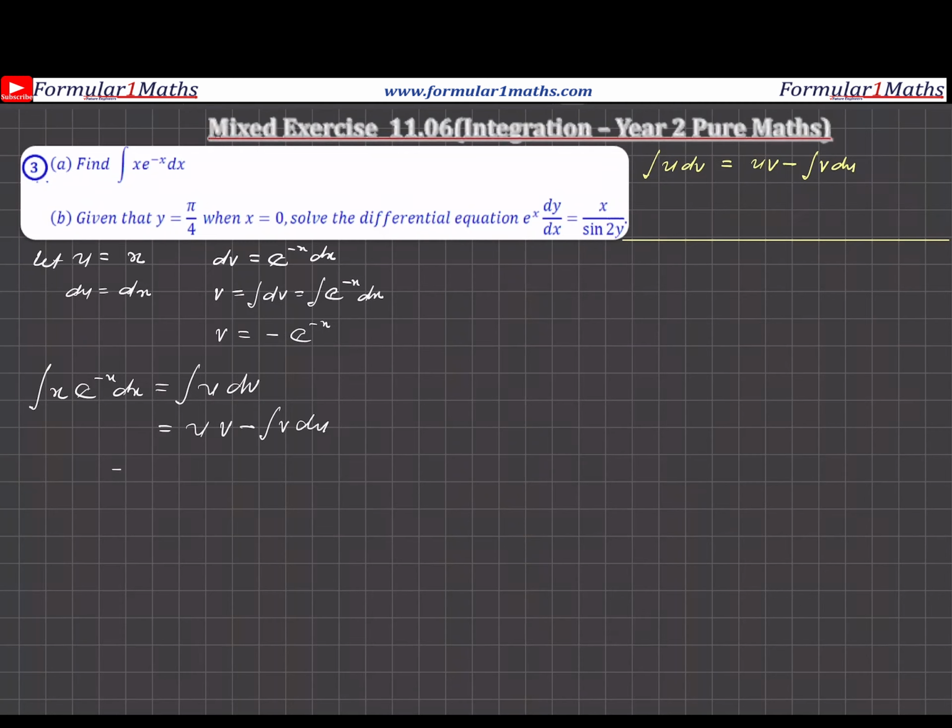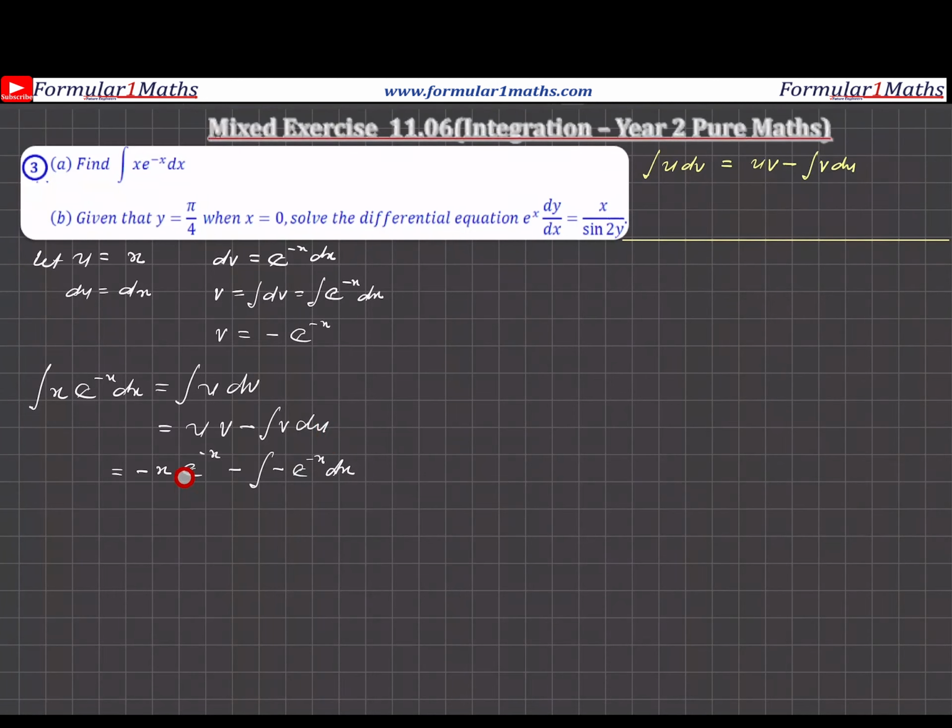So that will be equal to u times v, which is x times minus e to the power minus x, and so I'll get minus x times e to the power minus x minus the integral of v, which is minus e to the power minus x, times du, which is dx.